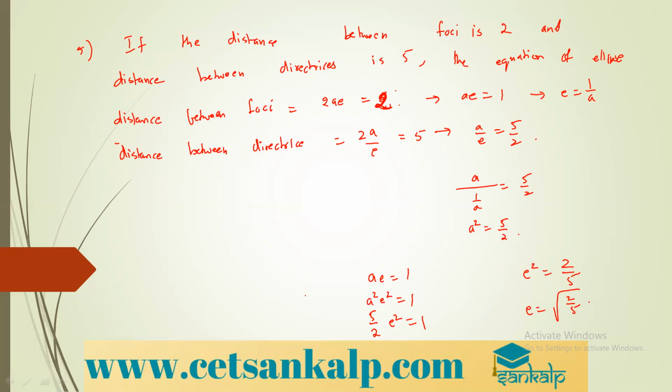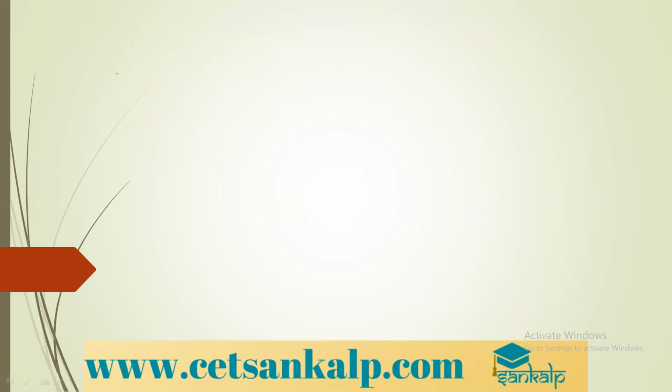Okay. So once I get E as root of 2 by 5, I can find B also. What is the formula to find B? B square equal to A square into 1 minus E square.